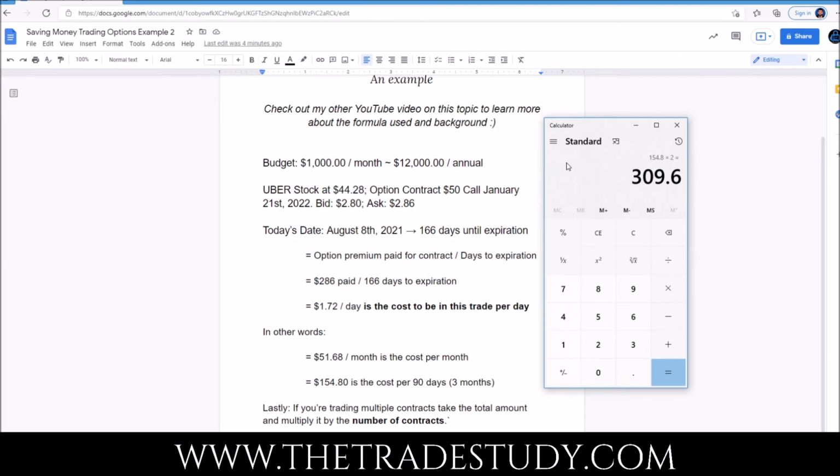So now we go back to our budget, and we want to make sure we're not chipping away too much at it, right? We want to make sure that we can stay in the game and investing and trading in the stock market as long as possible, and do not get burned out or blow up our account over one trade.